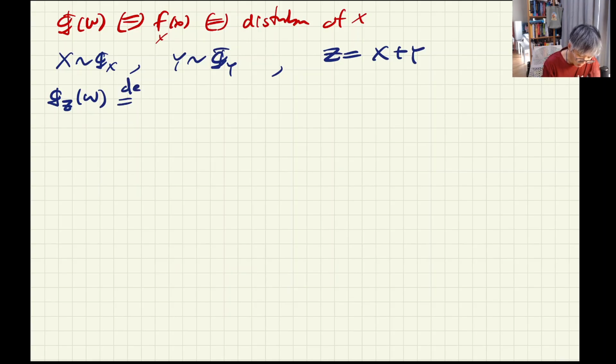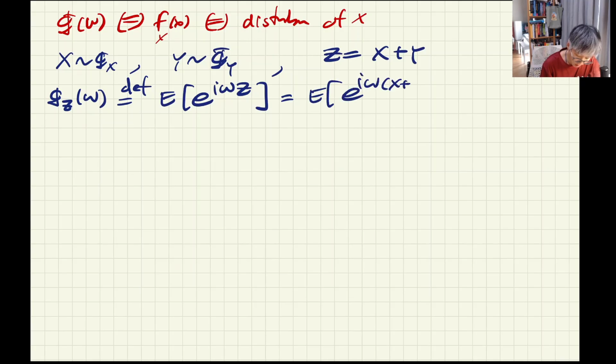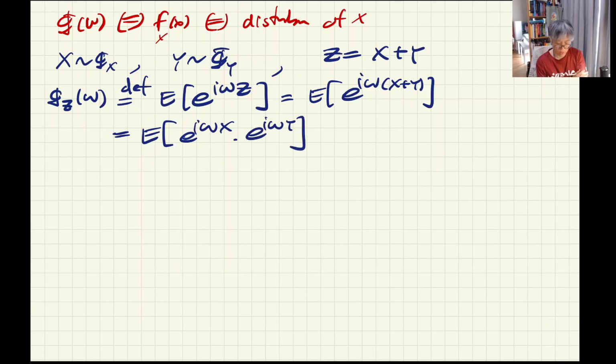By the definition, it's going to be the expectation of e to the i omega Z. I plug in Z as the sum of X and Y, and you can split it into the product of exponentials.